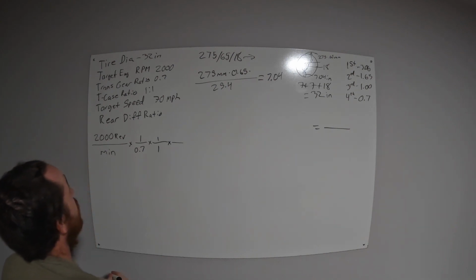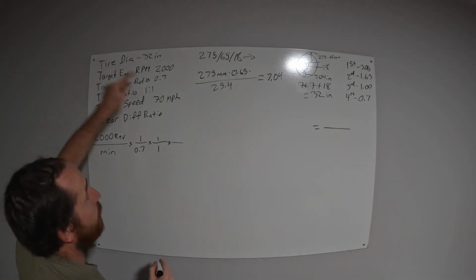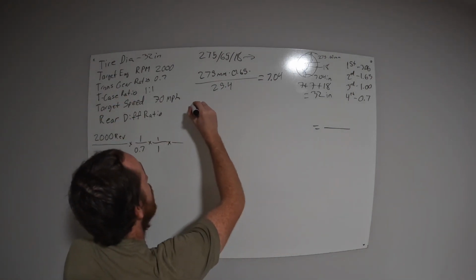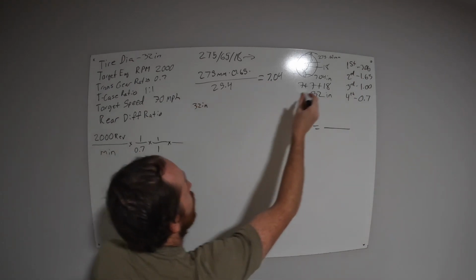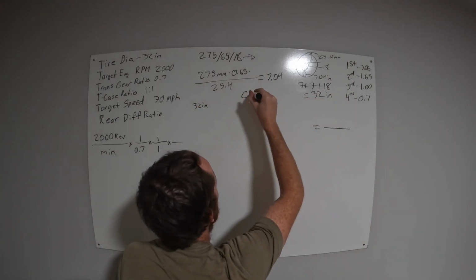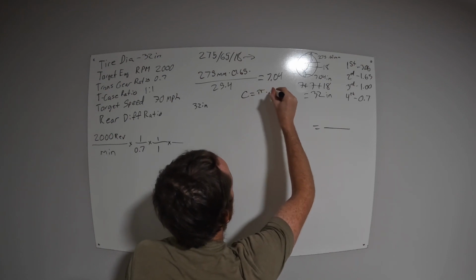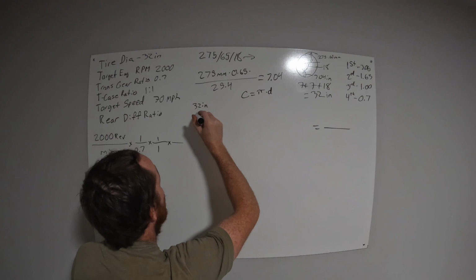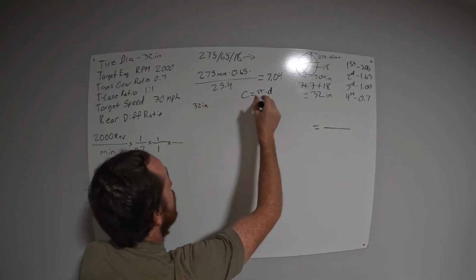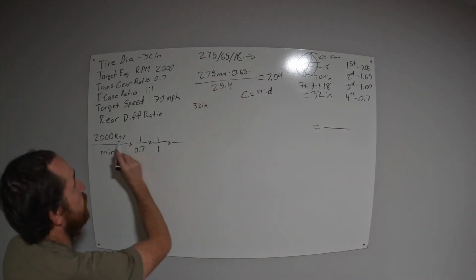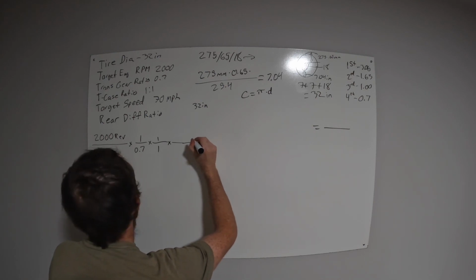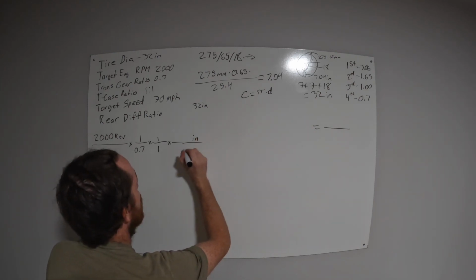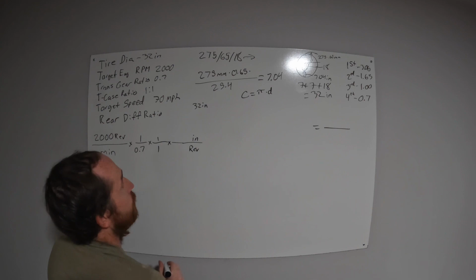Let's see, what else do we have? Tire diameter. If we have a 32-inch tire, we're going to use the equation circumference equals pi times diameter. We need to get rid of our revolutions here, so we want inches per revolution.